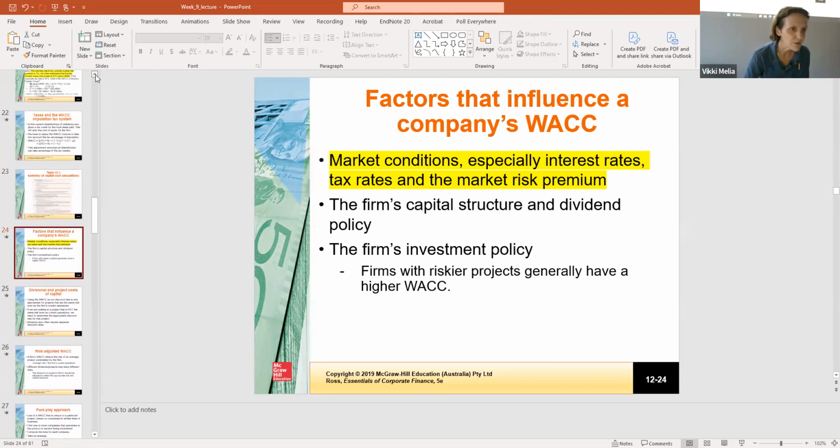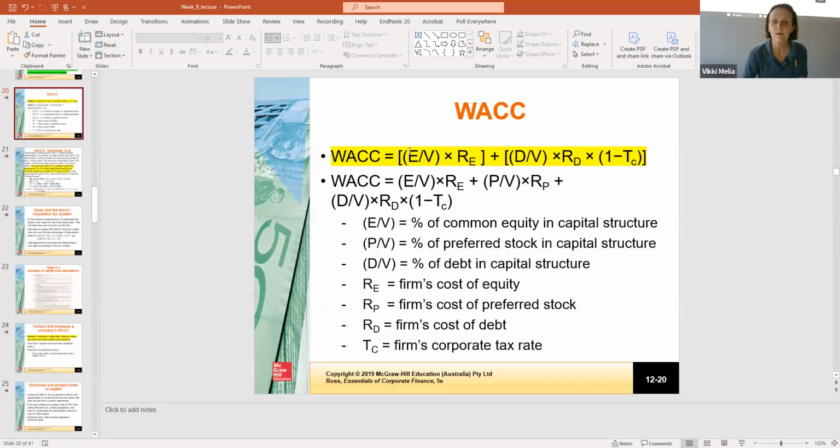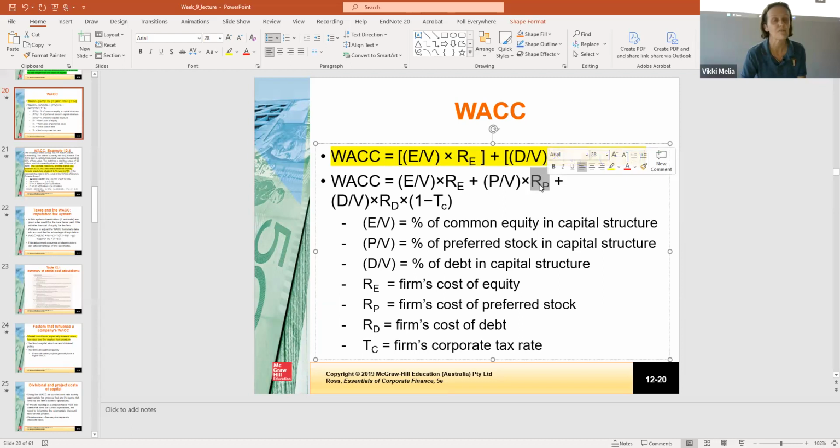In that formula, we don't consider the company tax rate for the cost of ordinary shares, and we don't consider it for preference shares, because there's no tax savings from paying dividends. Only from paying interest on debt.